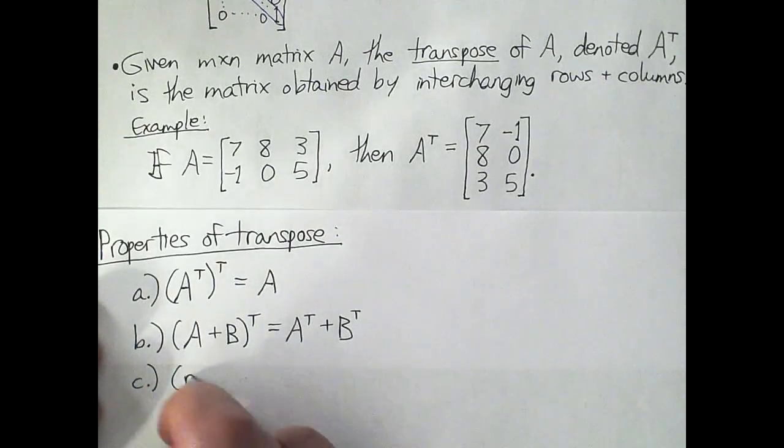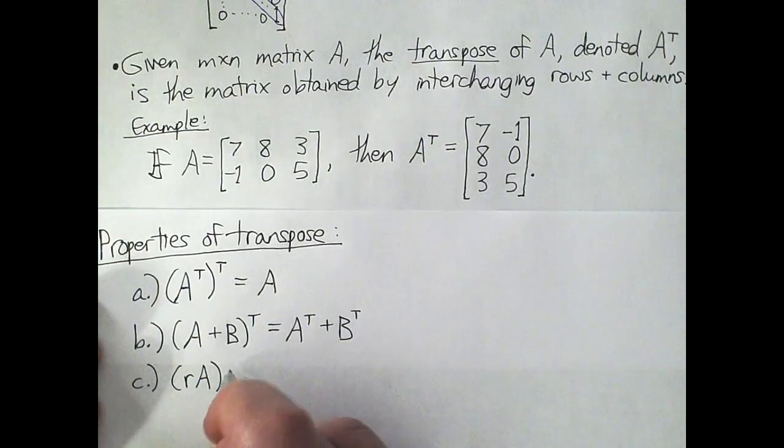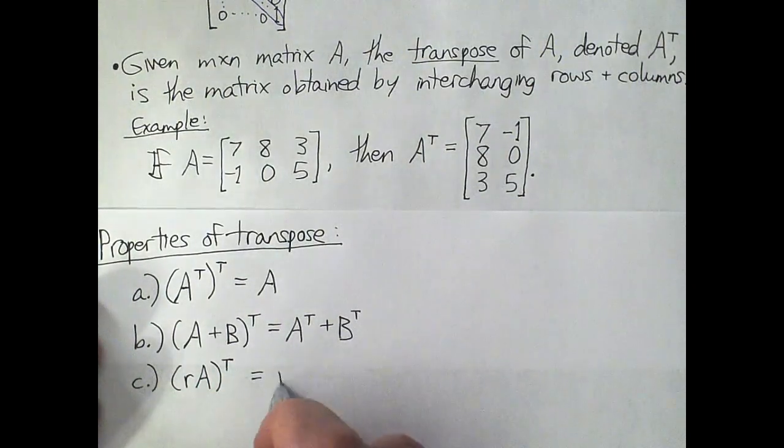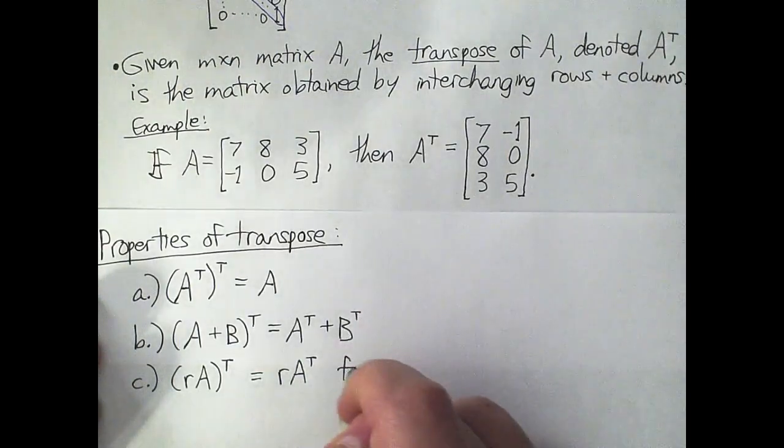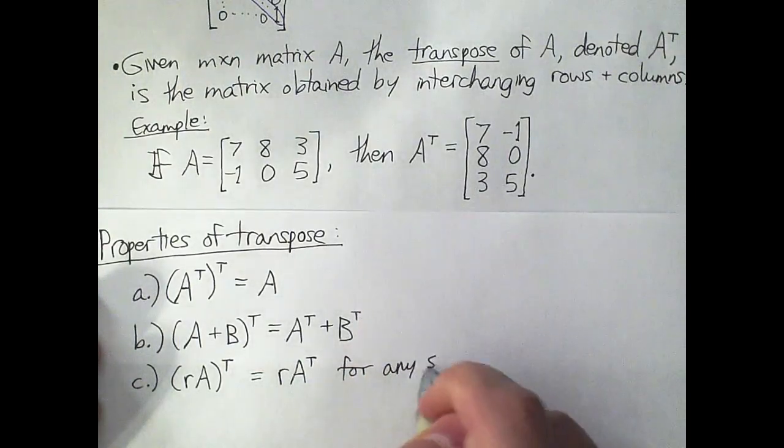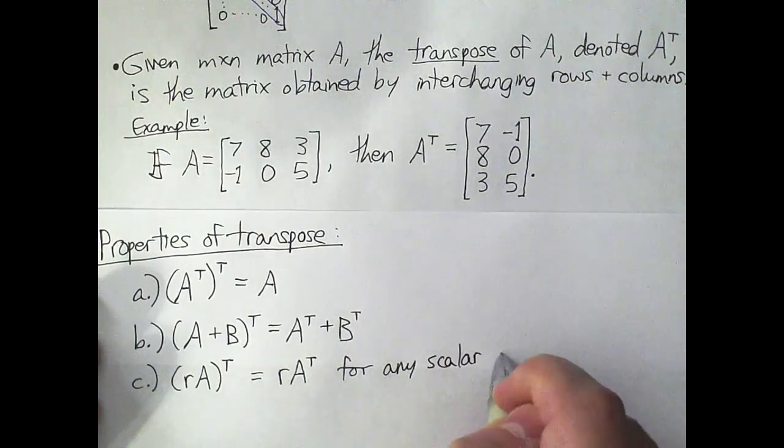Property C is that if R is a scalar, then R A transpose, where RA is in parentheses, is the same as R times A transpose. So you can either do RA and then do the transpose, or you can do A transpose and then multiply by R. This is for any scalar R.